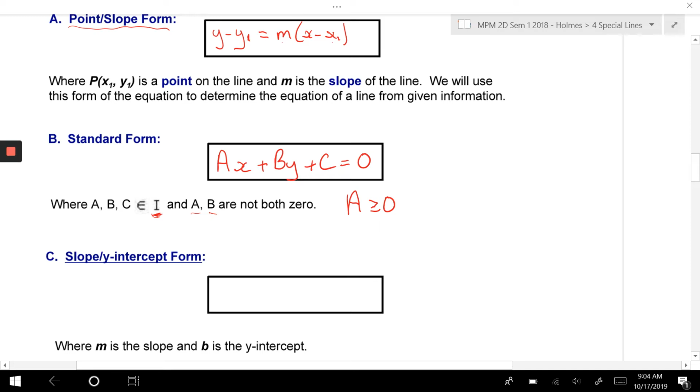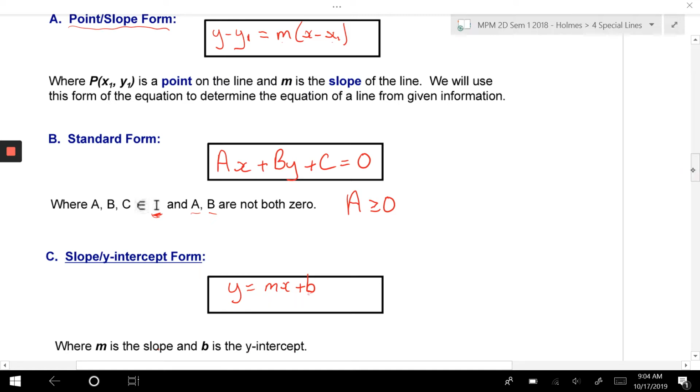And then finally, our slope y-intercept form. This is probably the one we use most at the moment, and that's just where we say y equals mx plus b, where m is the slope of the line, and b represents the y-intercept. All right, so those are the three standard forms.